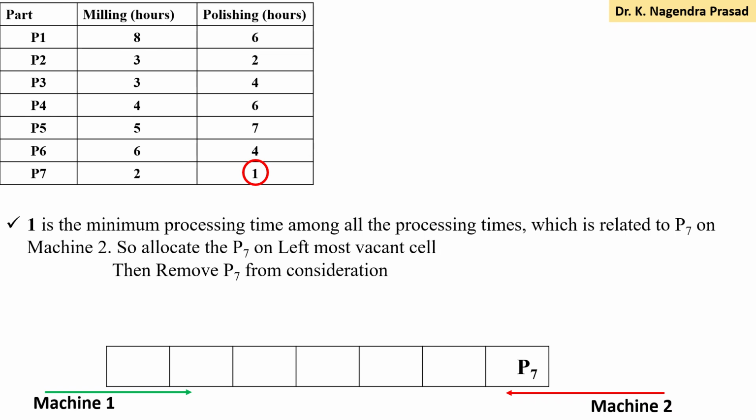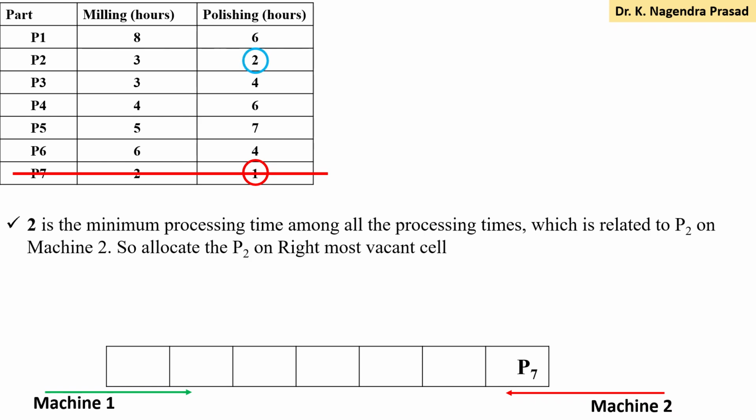After that, we have to remove part 7 from consideration. Next, 2 is the minimum processing time, which is related to part 2 on machine 2. So we have to allocate part 2 to the rightmost vacant cell. Then we remove part 2 from consideration.